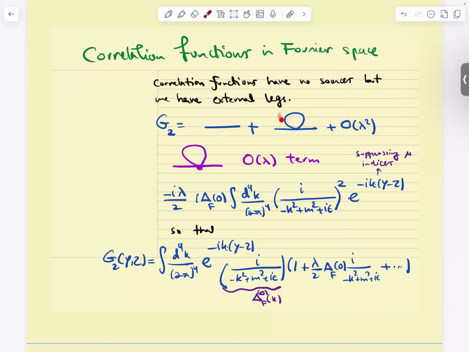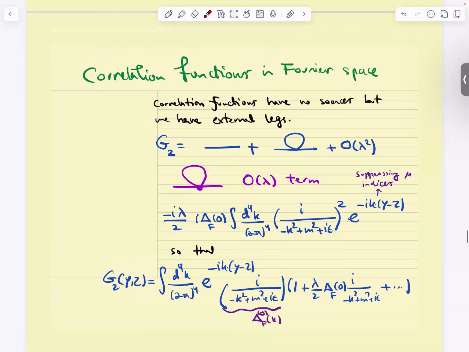And then here's the interaction term. There's lambda squared. Actually, no, there's no factor of half here; that half comes from the symmetry of this diagram. So what is this diagram? By the rules I was just discussing, there is a vertex here, minus i lambda. There is a symmetry of 2, that's 1 over 2. There is this propagator, i Delta_F of 0. Then there's this propagator and this propagator. Good? And those two propagators take this form.